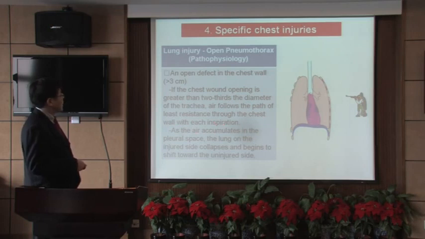As air accumulates in the pleural cavity space, the lung on the injured side will collapse and begin to shift towards the uninjured side. So the mediastinum will shift into the uninjured side.